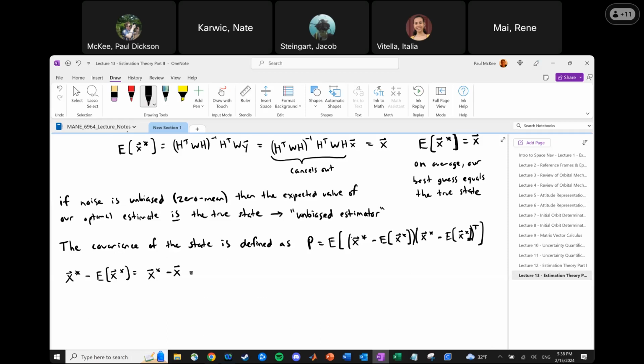So what this is: (H transpose W H) inverse H transpose W (Y plus nu) minus (H transpose W H) inverse H transpose W Y. And so we see that the difference between these is X star minus X. The difference is basically a bunch of stuff happening to the noise because the measurement cancels out of this.